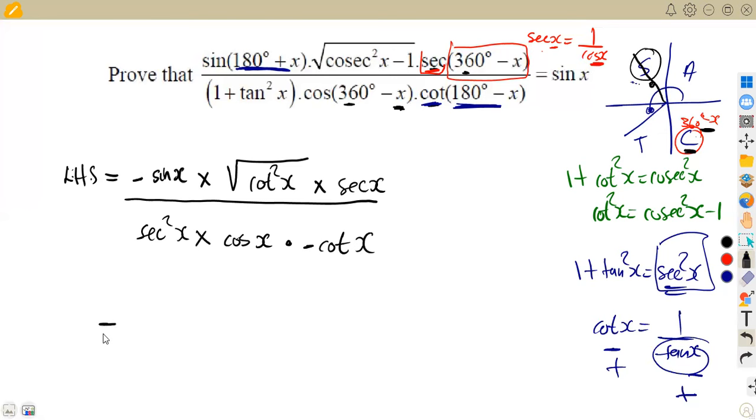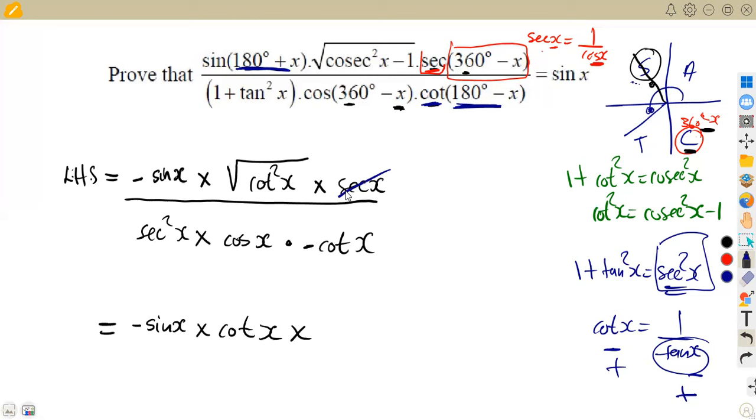Now we can simplify again, minus the sine of x, or we can even cancel some of these things here, or let us just simplify. Minus sine of x multiplied to the square root of cot squared. Simply, square root and square cancel. We remain with the cot of x multiplied to the sec of x. All right, I can even cancel this one, guys, because we are simply having a repetition here.